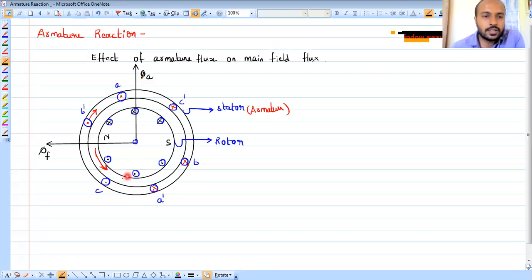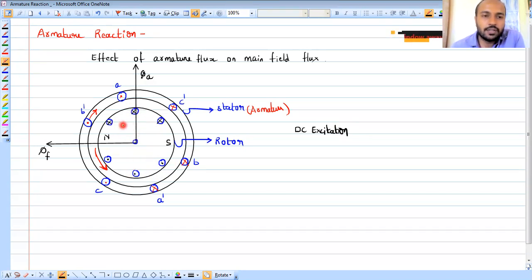If you observe in this picture, how we are operating: we are giving a DC supply, DC excitation, to the rotor, right? We are giving DC supply to the rotor initially. Then only these currents flow in the rotor winding or field winding.